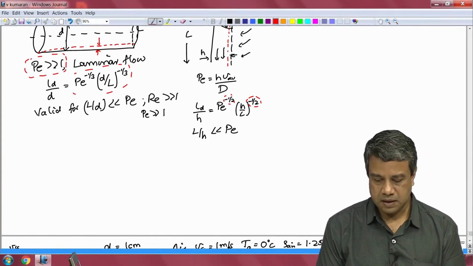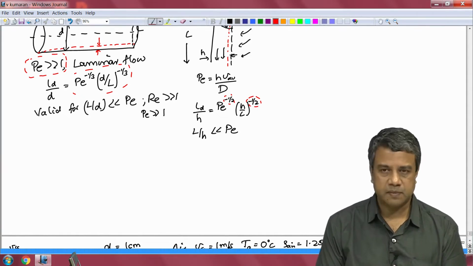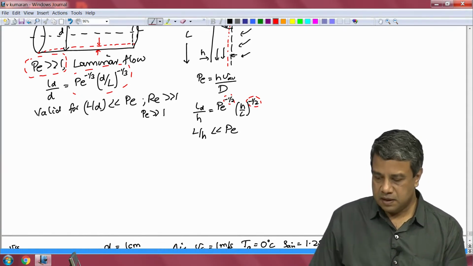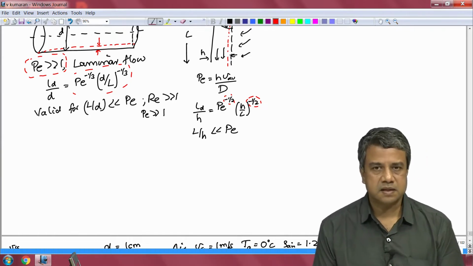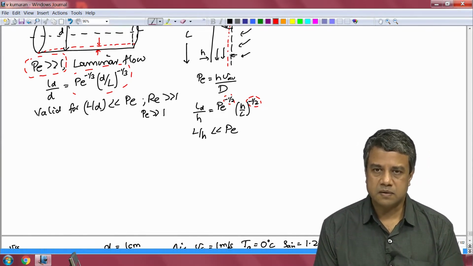And for the flow in a thin film, you get Pe power minus half times h by L power minus half.